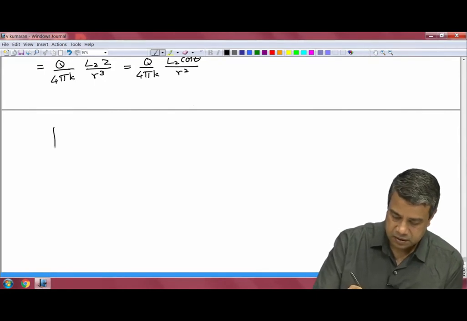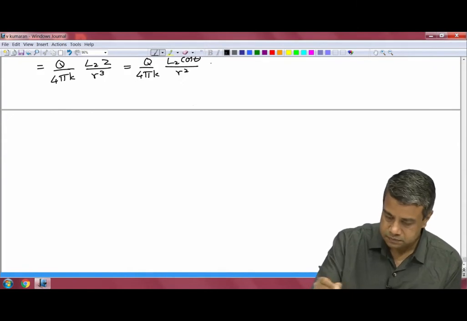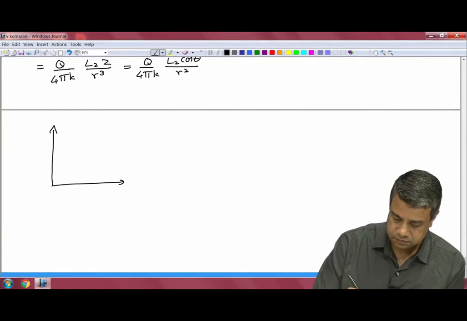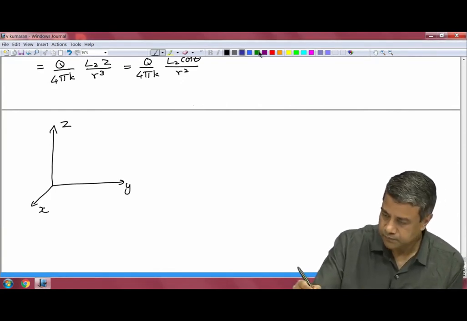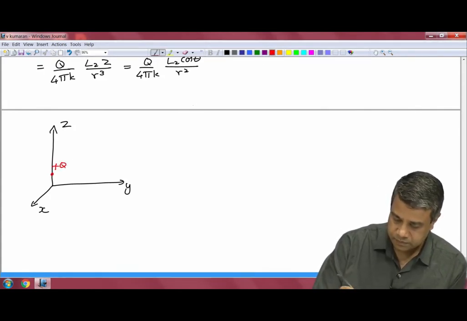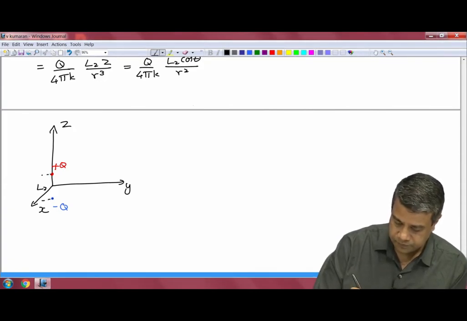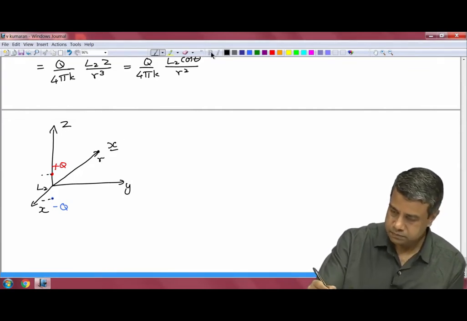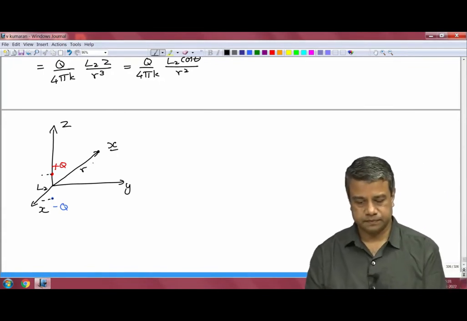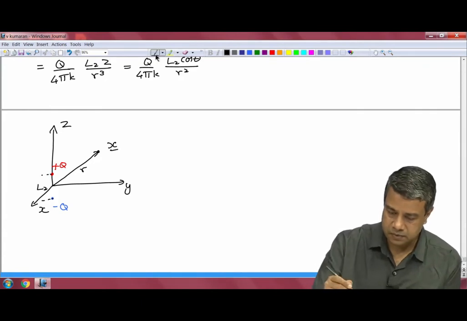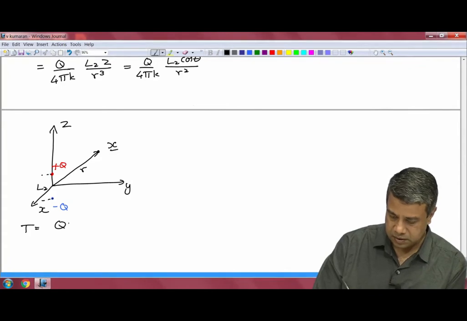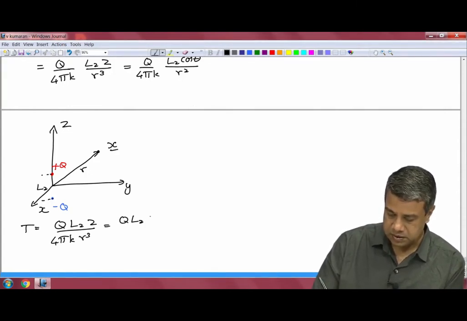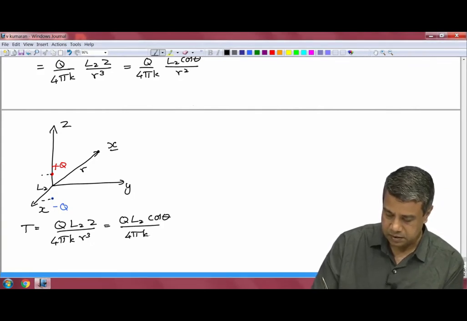So, recall that in this case the temperature field was T is equal to q Lz z by 4 pi k r cubed is equal to q Lz cos theta by 4 pi k r square.